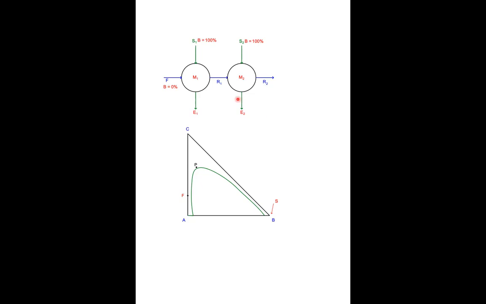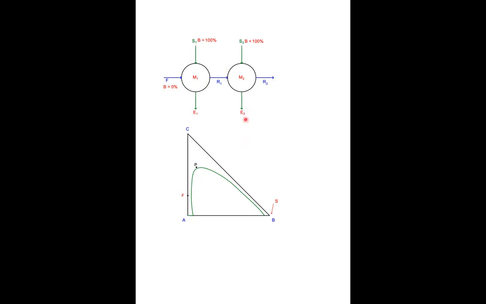Maybe extract number 2 is not as rich as extract number 1, but it is still much better, because you can still get the flavor even if it is not as dense as the previous tea. This is called the cross current extraction.